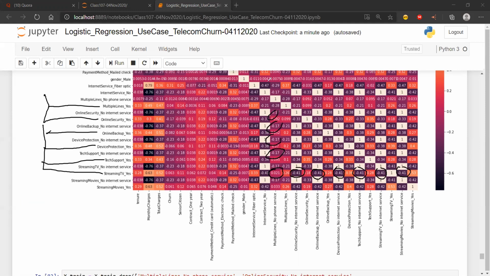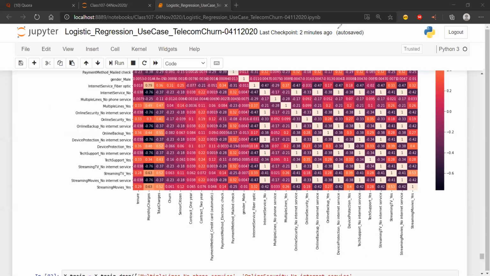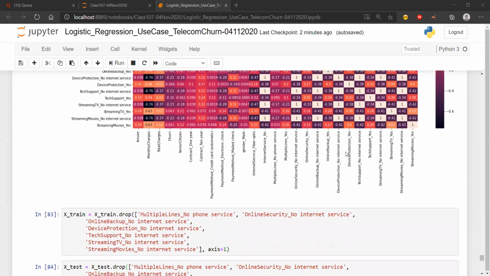Either I could have taken the yes fields or I could take the no fields. So I just selected one of them. This pair is causing a problem, so that's why I took only one of them, right? But the mistake that I have done is not in the removal, it's in the code. I hope you got the point, right, Sarang?